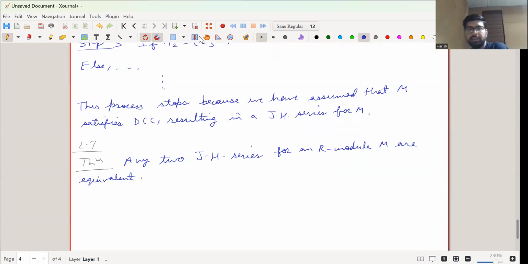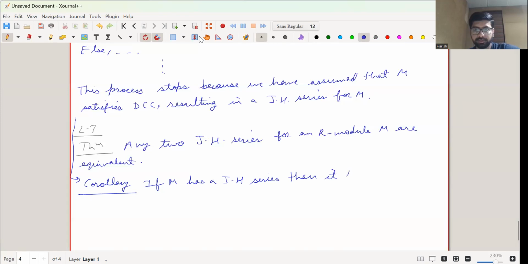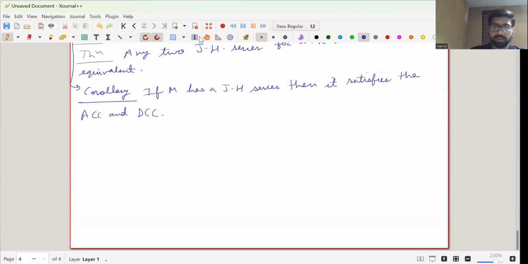And the corollary of this construction is that if M has a Jordan-Hölder series, then it satisfies ACC and DCC. Okay, so that's it from the theory part.